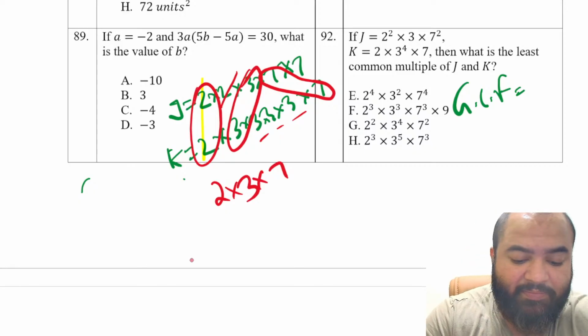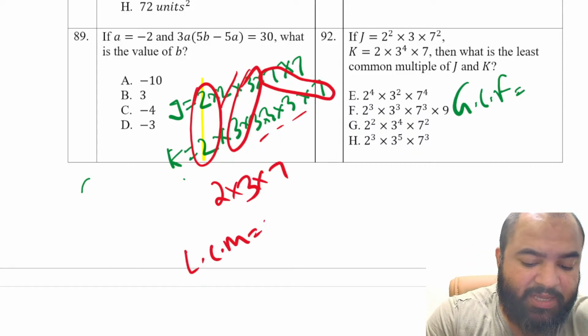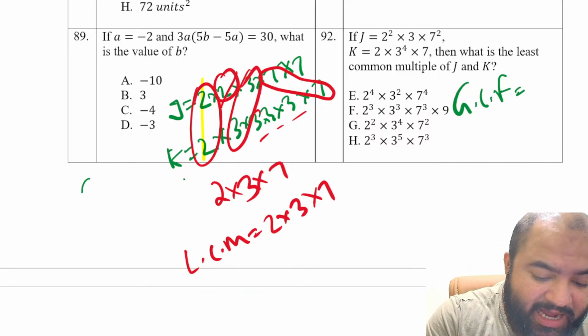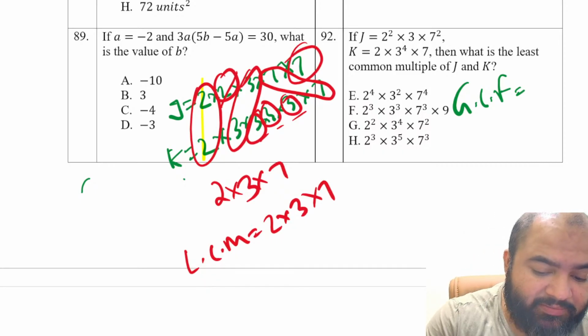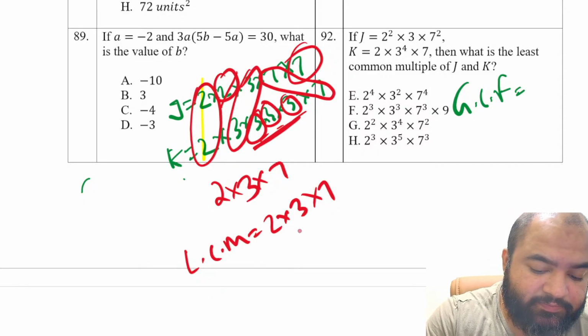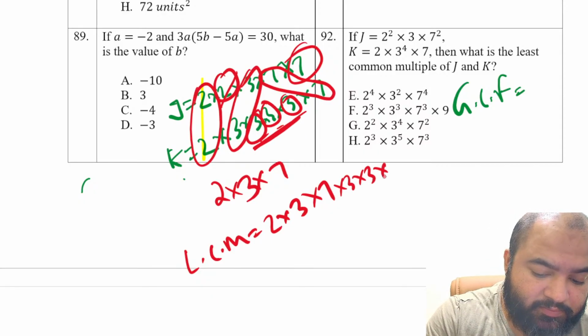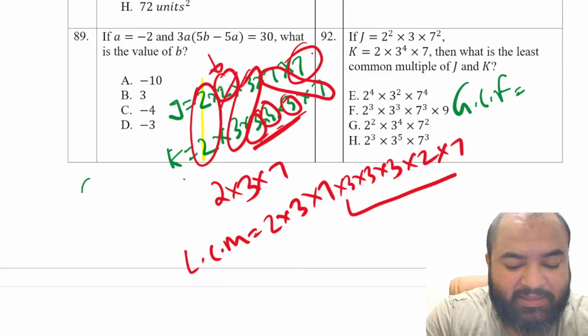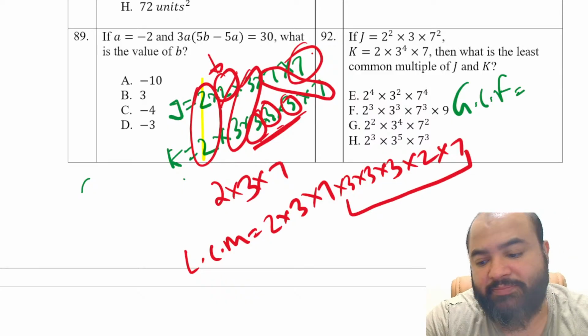Now LCM does the same thing. It will take 2, 3, and 7. But LCM also takes the rest of the ones that are not common, which was three 3's, one extra 2, and one extra 7. So LCM will take these extra numbers as well.